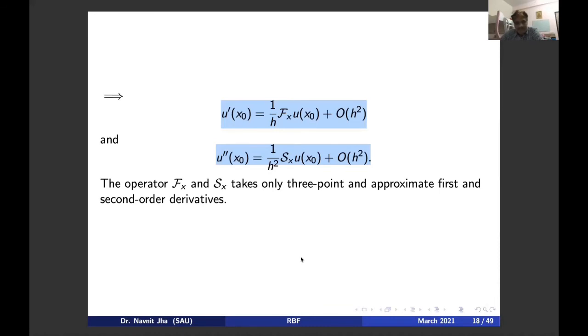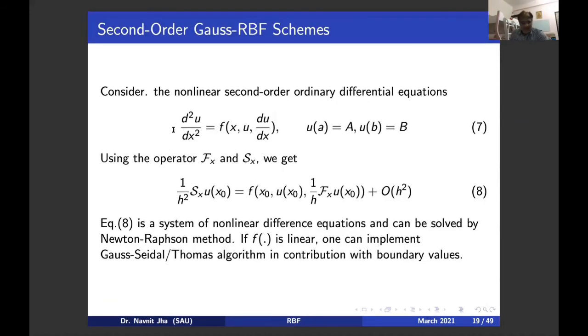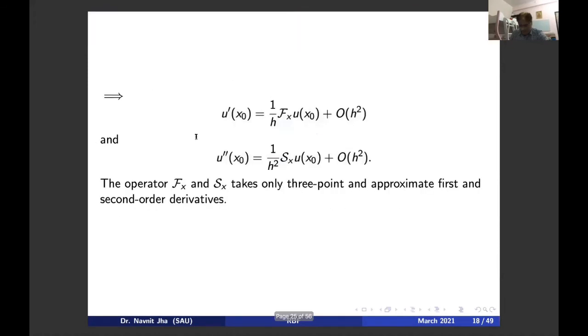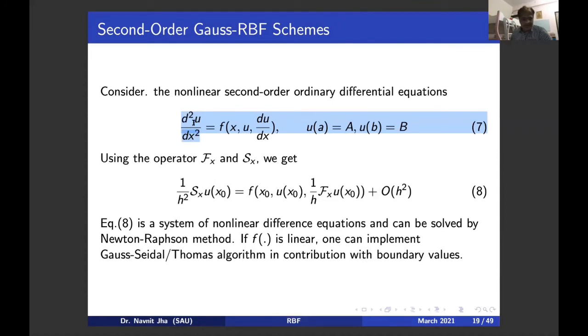No, sir. Now, you tell me, when you have derived an approximation of the second derivative, come to this differential equation, d2u by dx square equal to f of x, u, du by dx. Simply replace d2u by dx square by this relation.